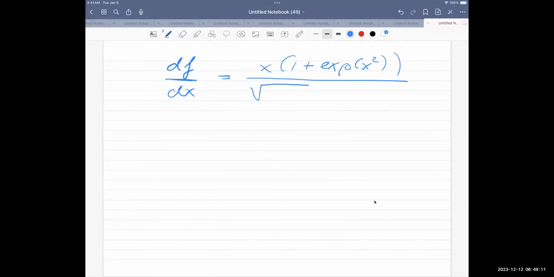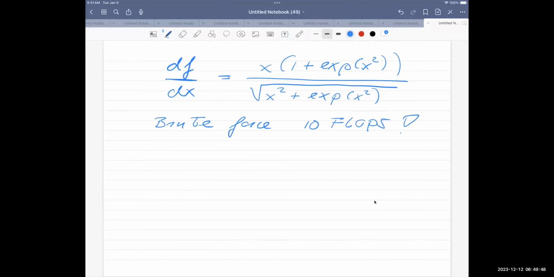And if I use this expression with symbolic Python, it would simply translate it into code in Python or C++ or Fortran exactly as it stands. So if I now want to do the brute force counting without thinking, and I write code where I recalculate x squared as an argument to the exponential, the brute force counting here is going to give me 10 floating point operations. So this is actually quite a lot.